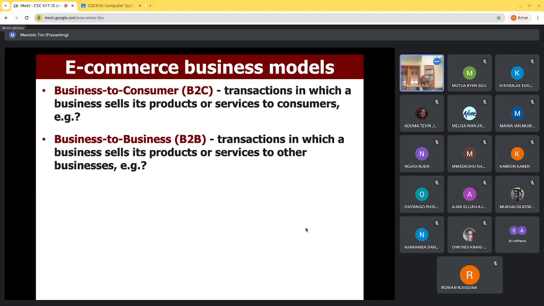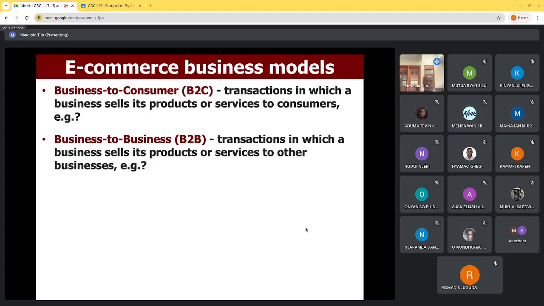Any other example? Maybe Huawei: they provide routers and other hardware products to internet service providers such as Safaricom, which in turn provides internet to its consumers. Very good.